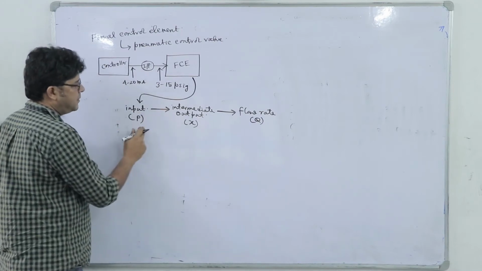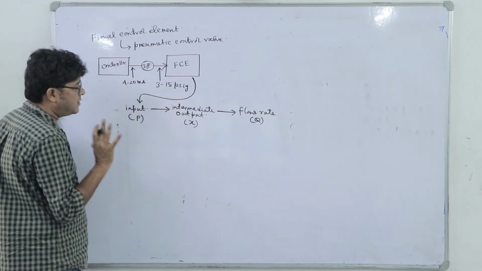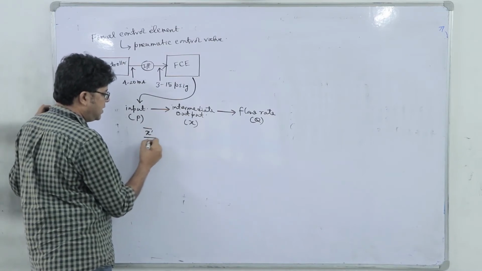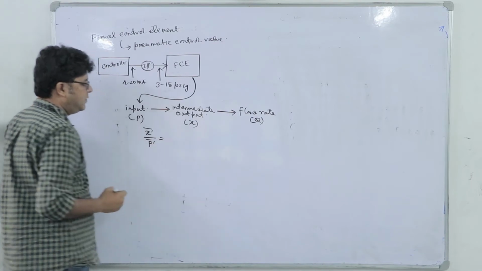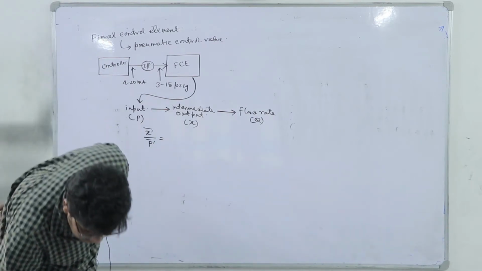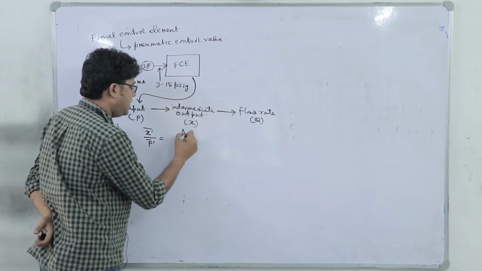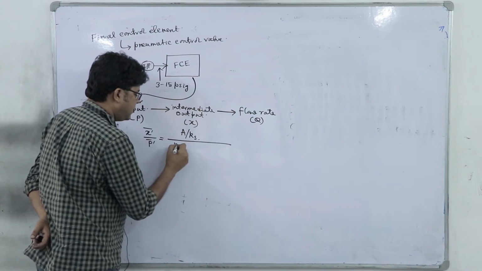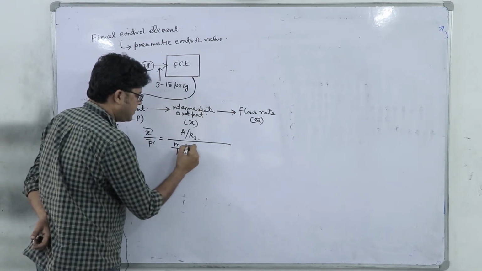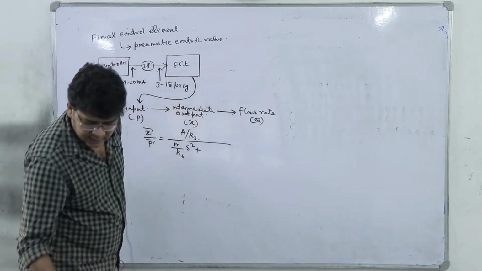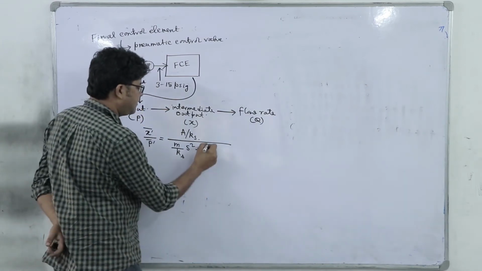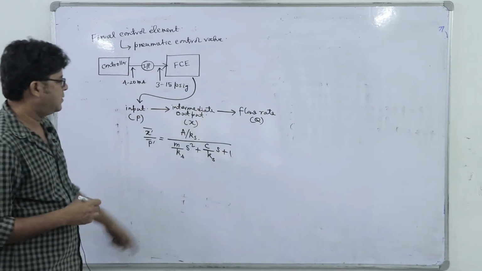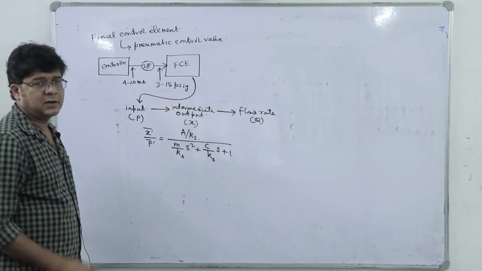So, from this pressure to stem position we have a dynamics involved, and we have discussed about it, that x prime bar divided by p prime bar is equal to A by Ks, where A is the area of the diaphragm and here it is m by Ks s square plus naturally the c by Ks into s plus 1. Right. So that is the dynamics, it's a second order dynamics.